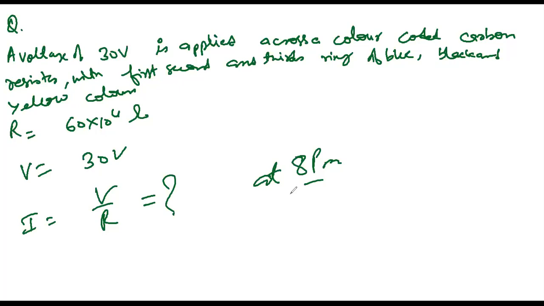See, one table has been made, no? Color black, brown, red, orange. So you'll apply the concept from here. Like here, color coded carbon resistor with first, second, and third ring blue, black, and yellow. So blue is 6, black is 0, yellow is 4. So you're taking 60 into 10 to the power 4.